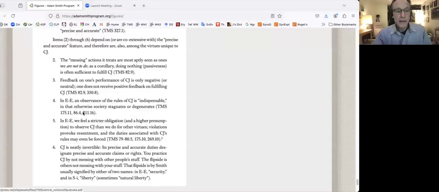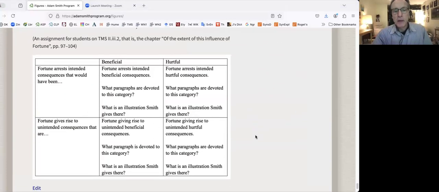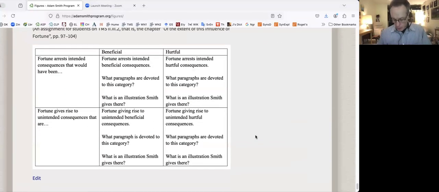And then he illustrates it very richly. This is, again, really a lot of fun. He illustrates it, and he works through basically four categories. And this is the subject here of your extra credit assignment for this section. It's particularly about this chapter, this extra credit assignment, chapter 2. And we have a 2x2 here.